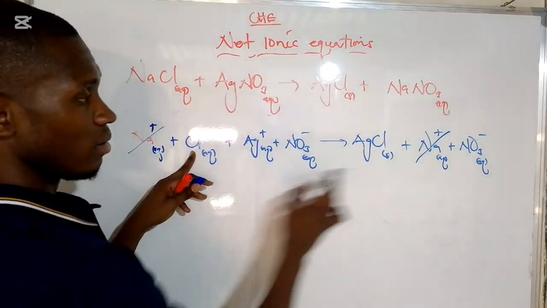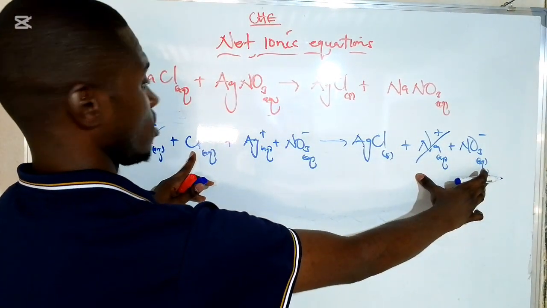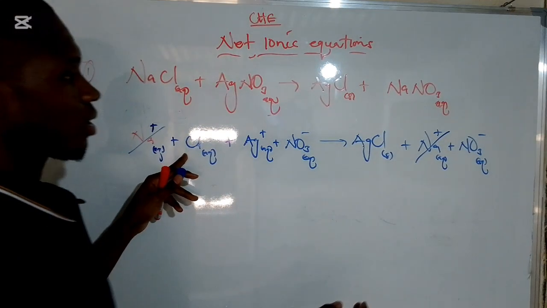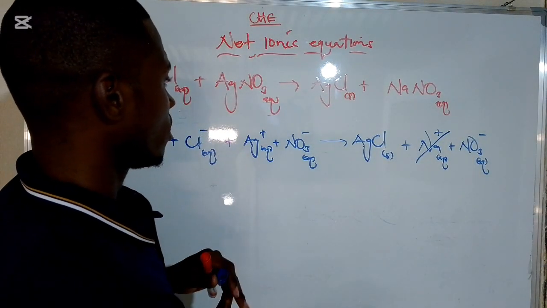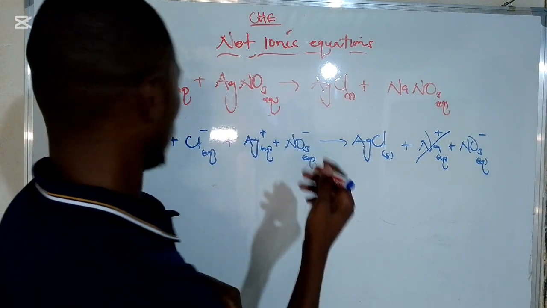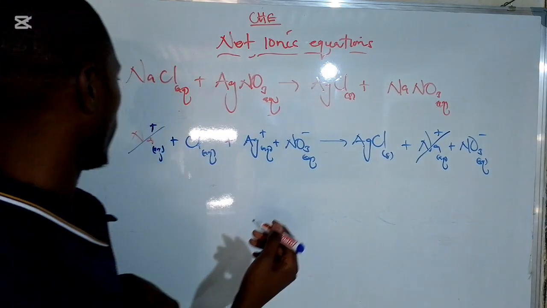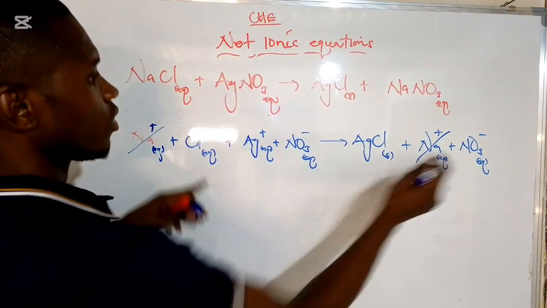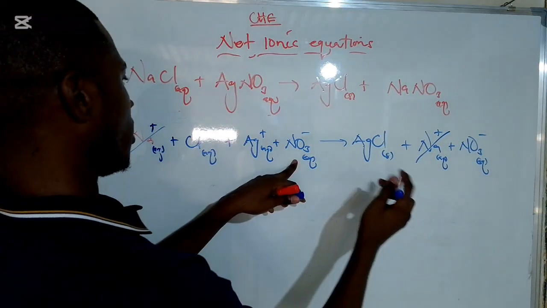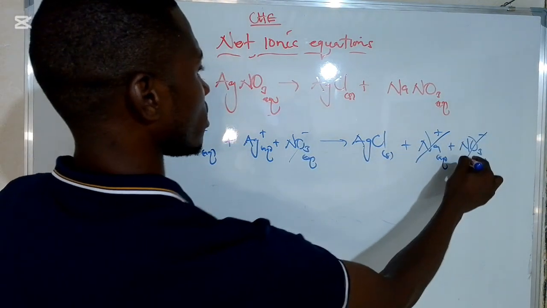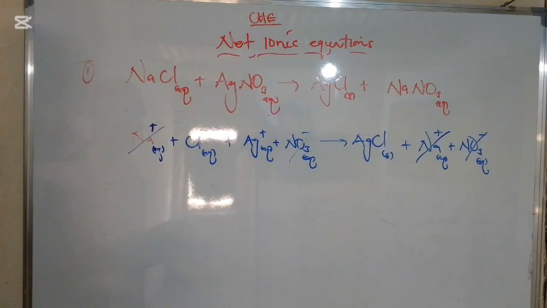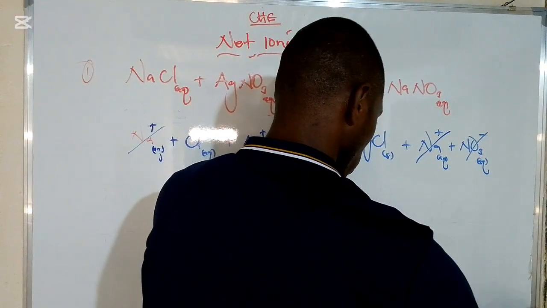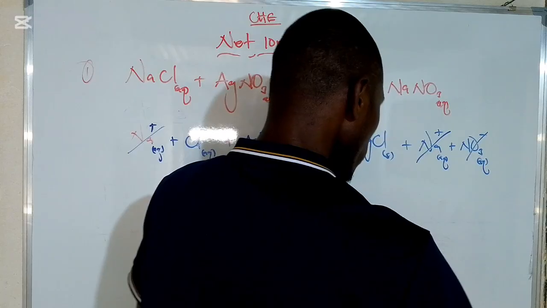It is only found here, but here it is not, so this one you cannot cancel. So what else can we see? We have nitrate, and we also have nitrate here, so this and this can cancel. I think those are the two we can cancel.